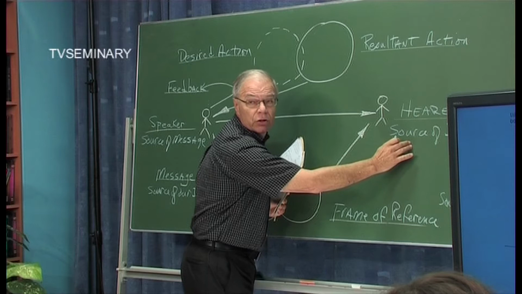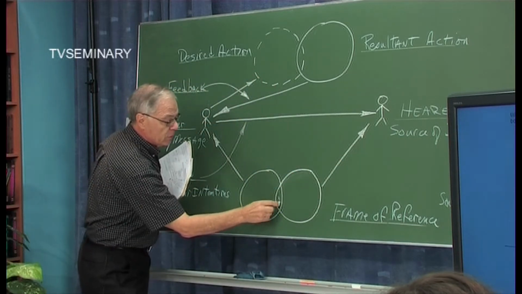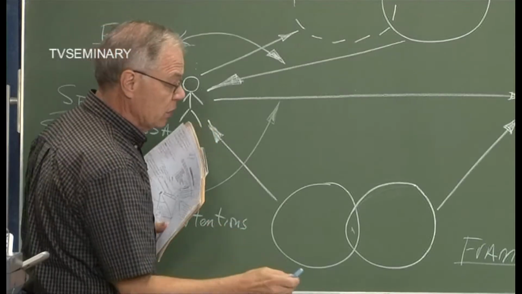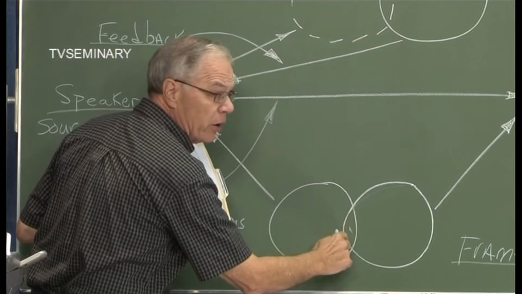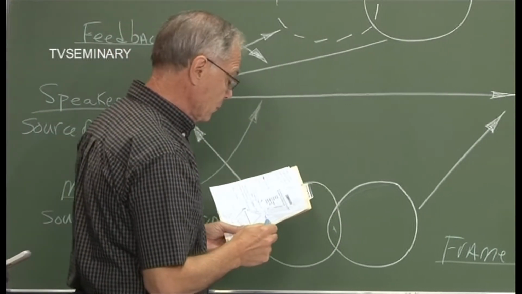But this frame of reference shapes how the message is heard. And unless both of them start here, there's a good chance there could be miscommunication, because this is their shared frame of reference. All right, we'll come back to that in a little bit.